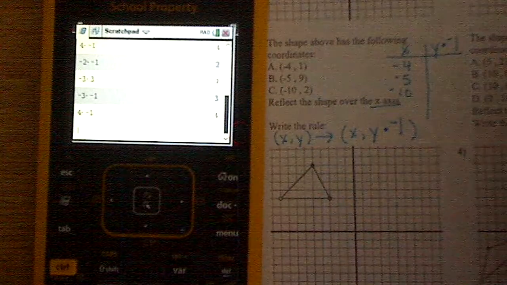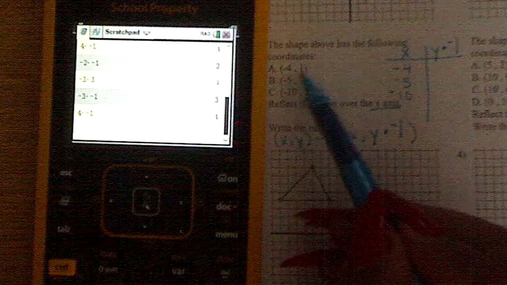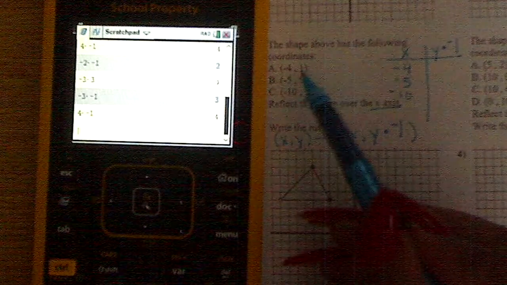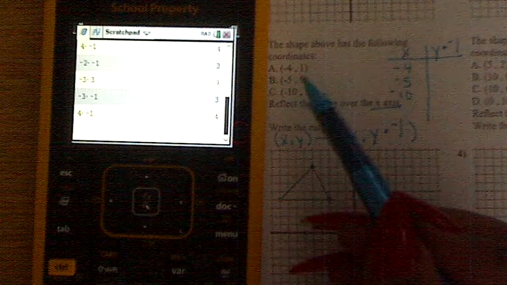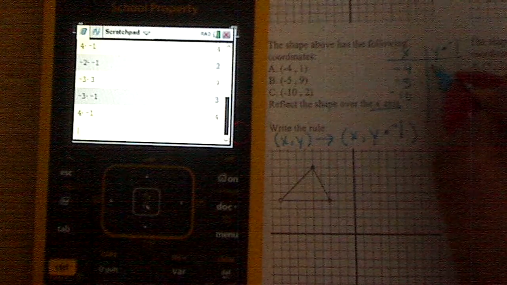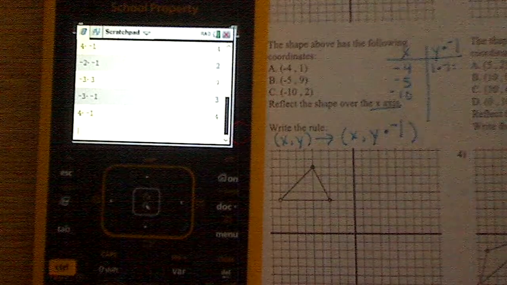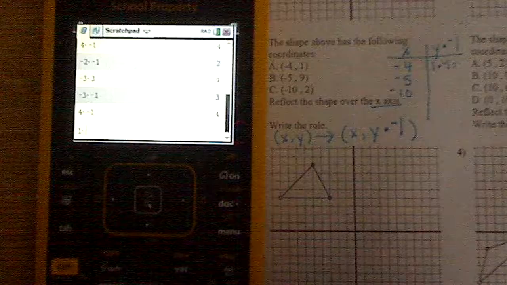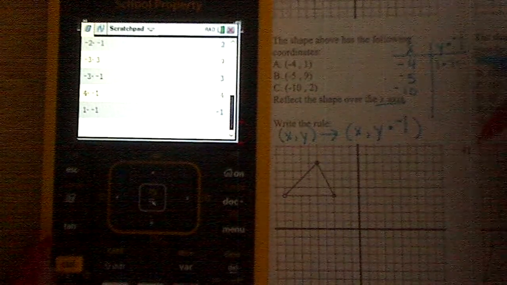That's good enough. So, where my x is -4, my y is what? What's the value of y? It's 1. So, right here, I'm going to put 1 times -1. In my calculator, I'm going to put 1 times -1, and what do I get? -1.